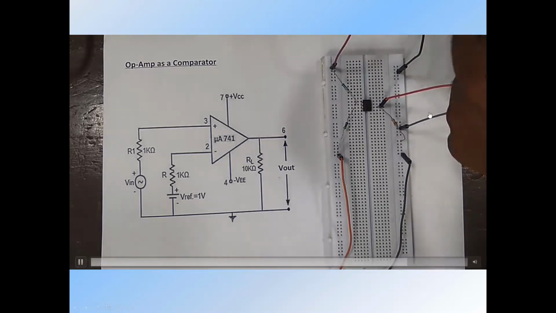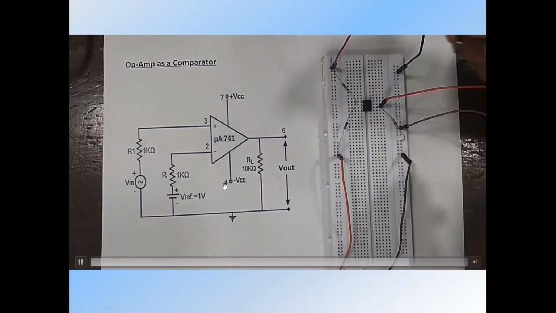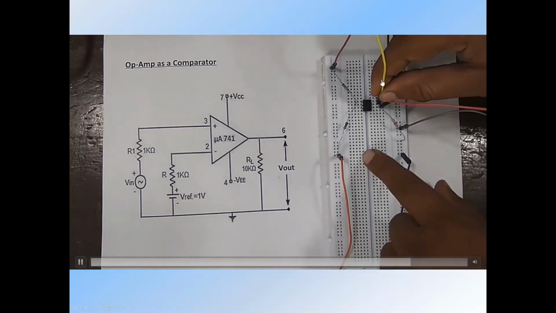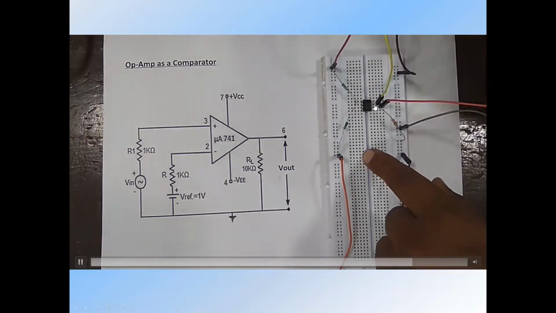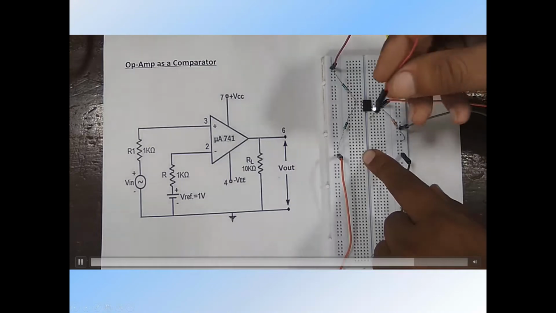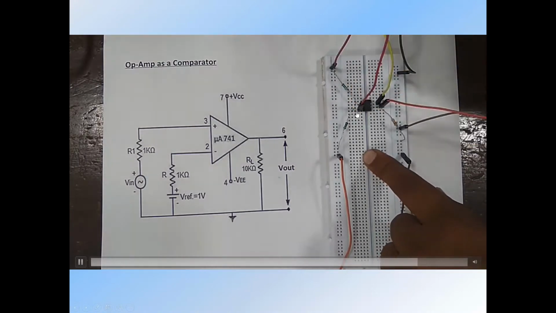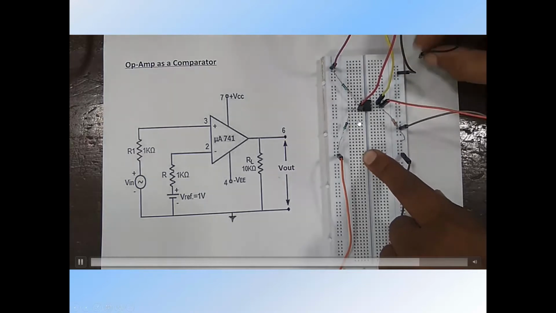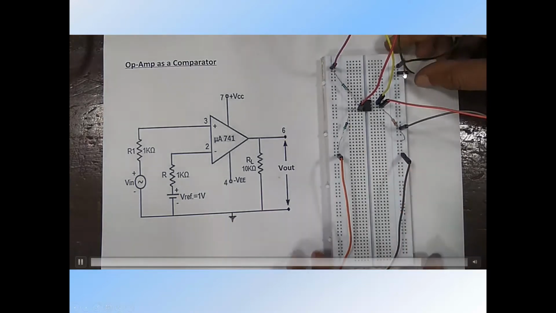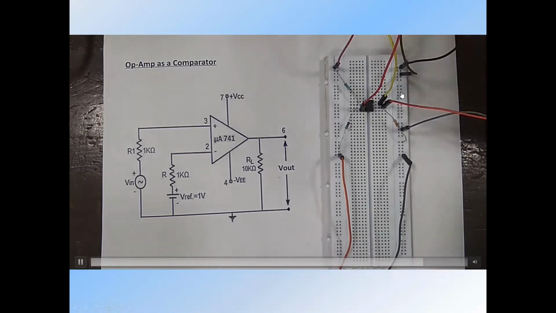We will connect these jumper wires according to this circuit diagram. Yellow, plus 12 volt, is connected to pin number 7, this is pin number 7, and red is connected to pin number 4, and this is pin number 4 of the IC. Black is connected to ground of our breadboard, this is ground.